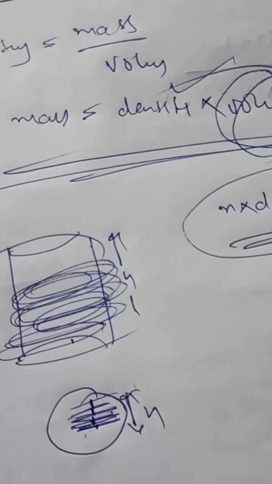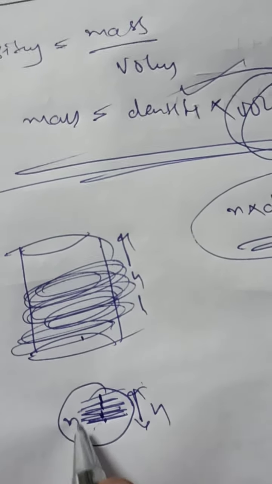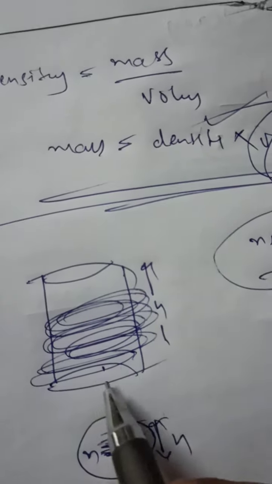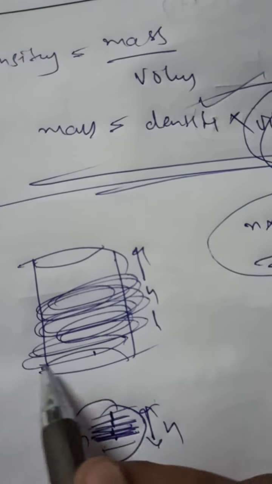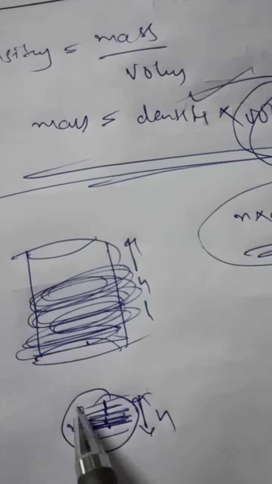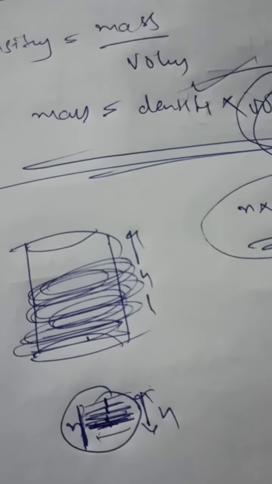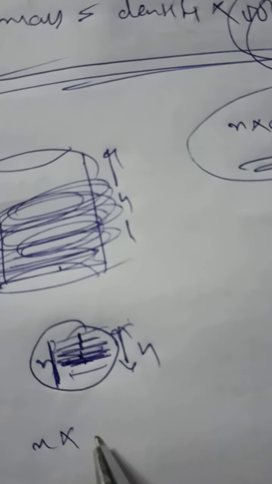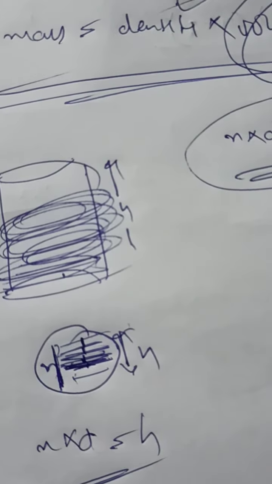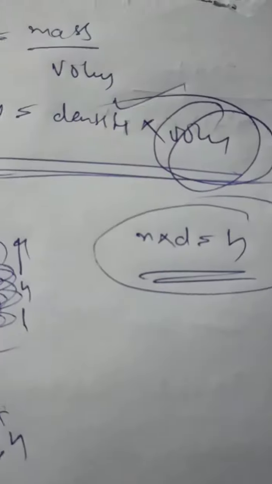For example, I am taking n number of turns, and these turns I have placed like this. So n into the diameter of each wire is equal to the height of the cylinder. From this I can find the number of turns first.